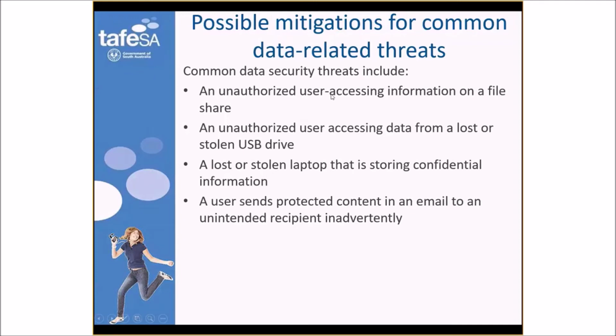One of the things we already learned is set permissions. That would reduce the likelihood of someone being able to access files on the file share if they don't have authorization to it. If we just had an open share with no permissions, everyone can read everything, at the minimum level read. So we set permissions. What about unauthorized user access to data from a lost or stolen USB drive?